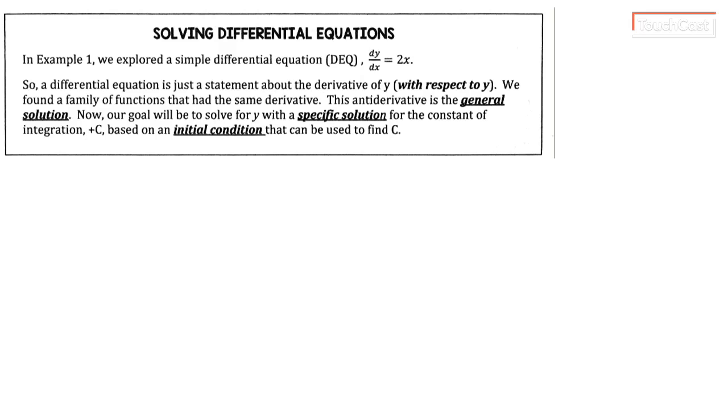A differential equation is a statement about a derivative, where we found a family of functions, the antiderivative, which is the general solution. Now our goal is to solve for y with a specific solution, given an x and a y value for our constant of integration. So we can actually know what function we're looking at.